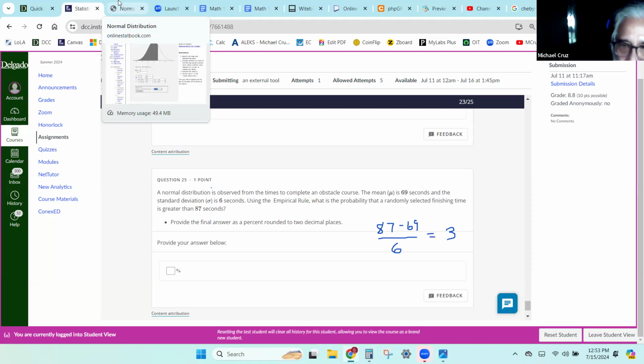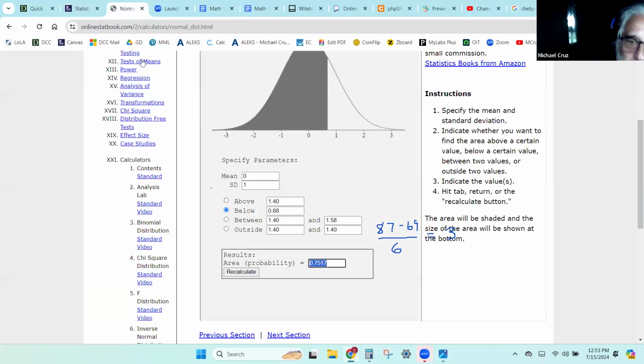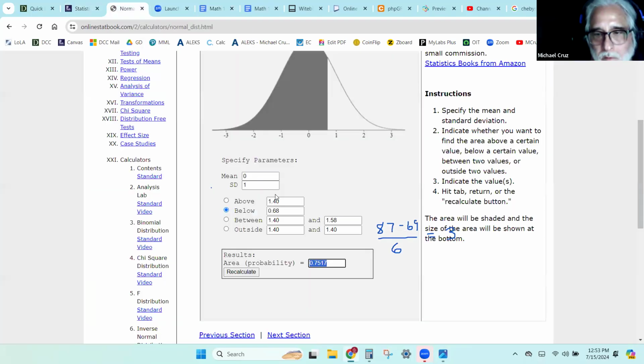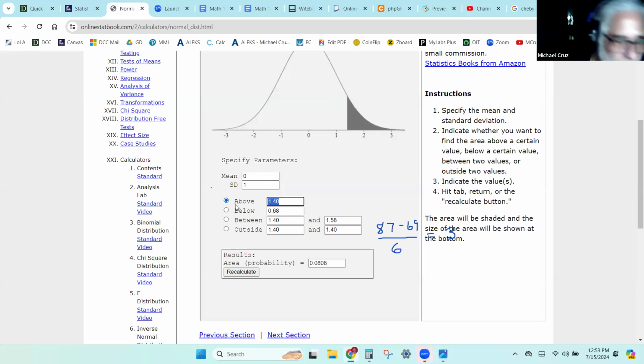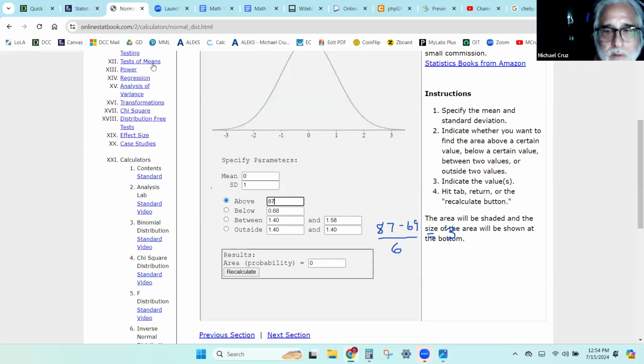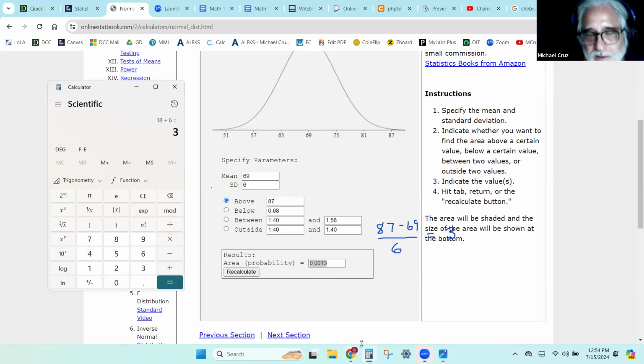They're seeming to use the empirical rule, and I guess that means that it's easy because with the empirical rule, it's just that little bitty piece right up here. So it's a real small piece.